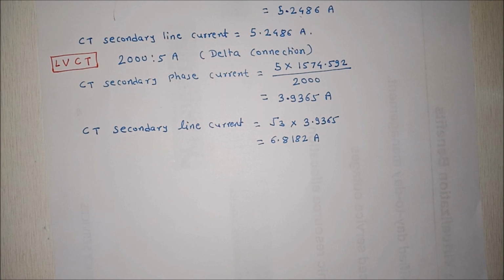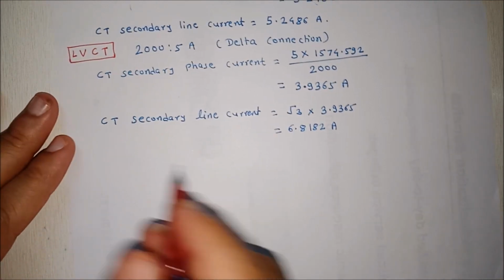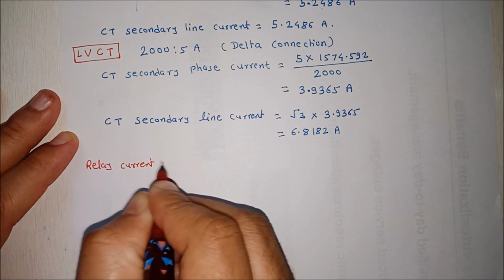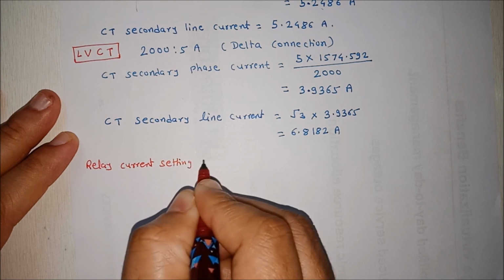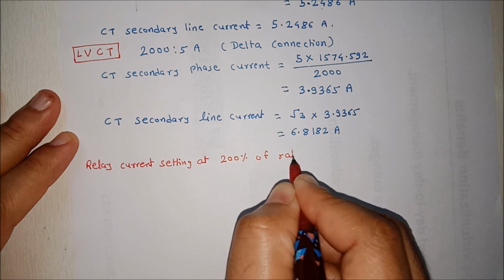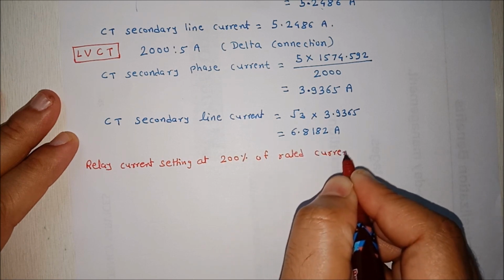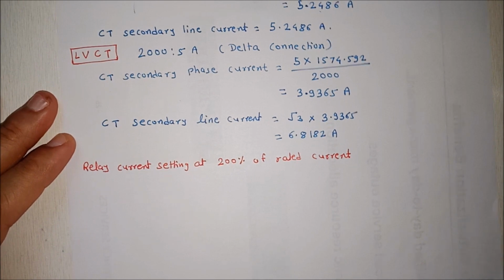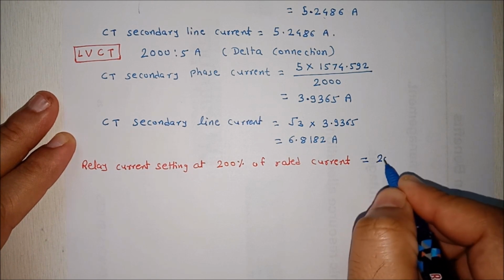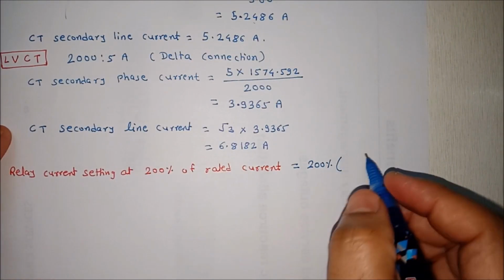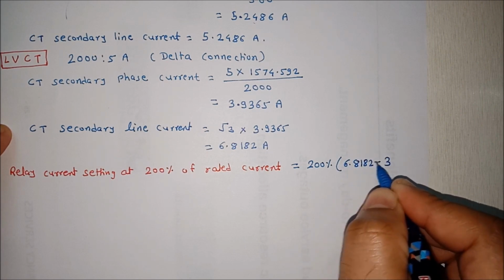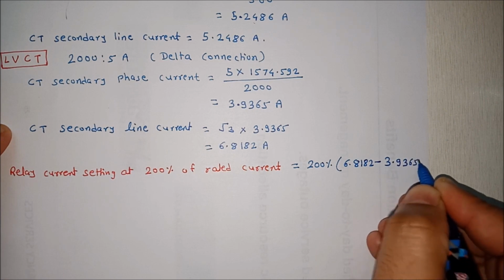Finally, we can write the relay current setting at 200% of rated current. What will be this value now? It will be 200% of the subtraction of these two currents, that is 6.8182 minus 3.9365.